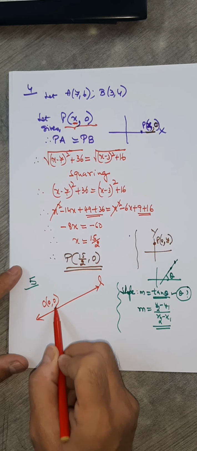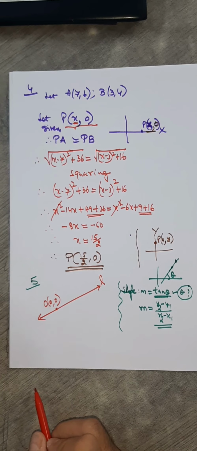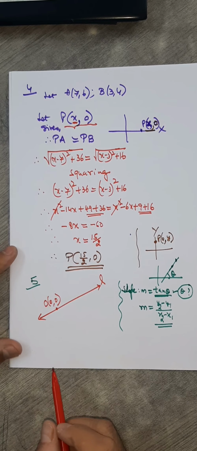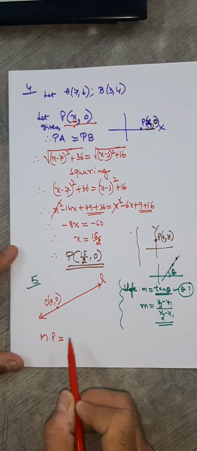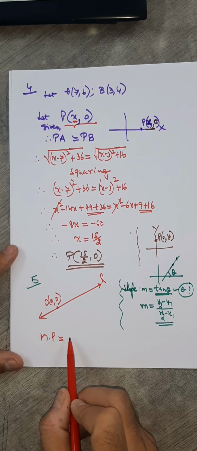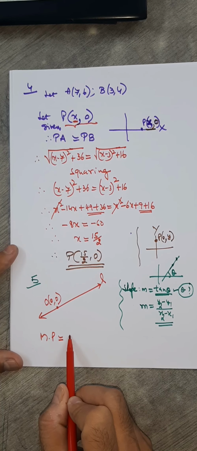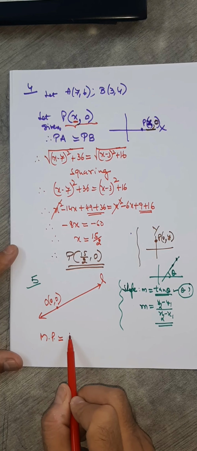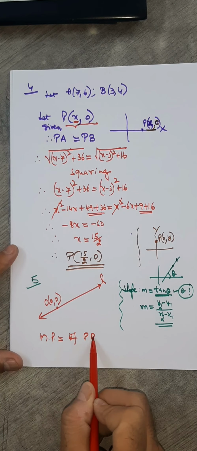So 1 point you got, like x1, y1. And the midpoint of the line segment joining these 2. So the midpoint of the given line segment PB. P and B you are given.